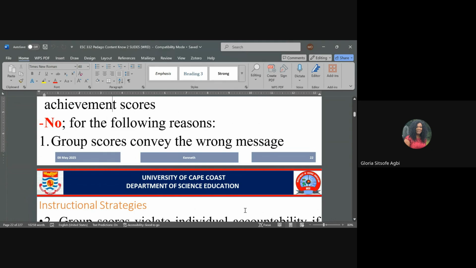What I understand by conveying the wrong message is this: let's say group 1 had 8, group 2 had 6, group 3 had maybe 4. Sending the wrong message means that learners in the class will perceive group 3 not to be good.